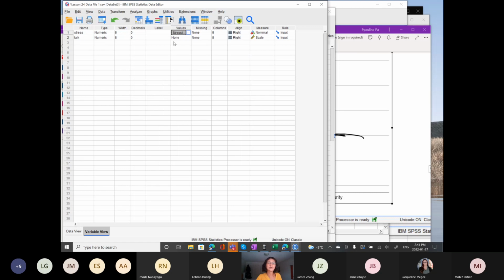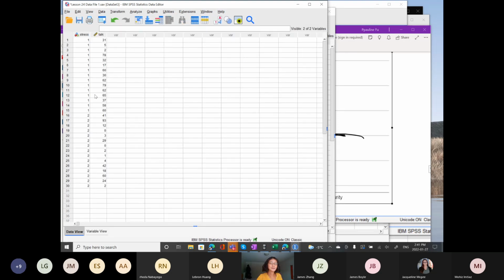And talk is defined as the percentage of time that each student talked during the 10-minute test period. So go back to the data. We use the stress level to divide the talk data into two groups.